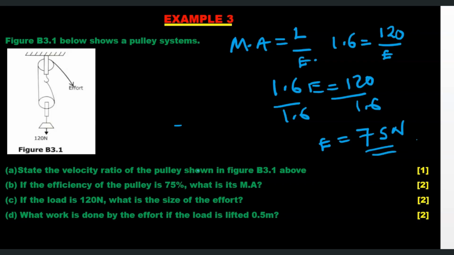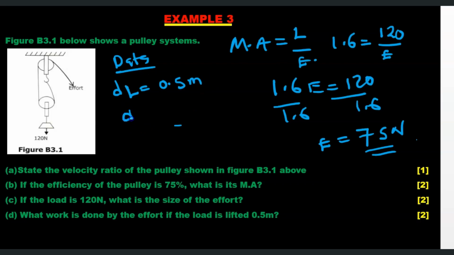Then the last question here is: what work is done by effort if the load is lifted 3 meters? So what we have here is that the distance moved by load is 0.5 meter.